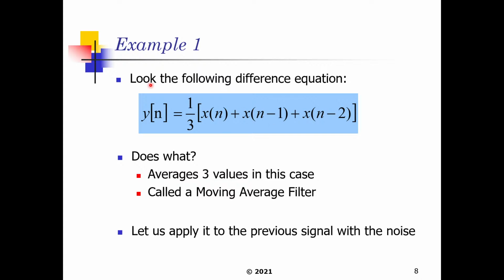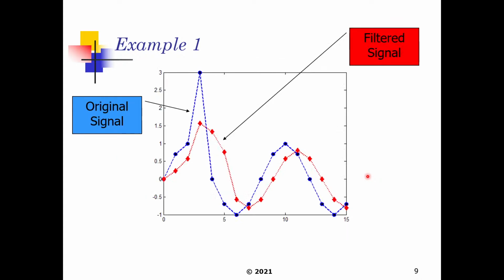And we're going to be applying this filter here to that previous signal we just saw with the noise spike. So when we actually do apply that filter to the original signal, which is given in blue here, we see that the noise spike itself gets eliminated or mitigated in some form or fashion because of the filter being applied to the signal.